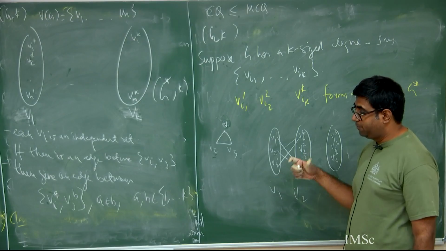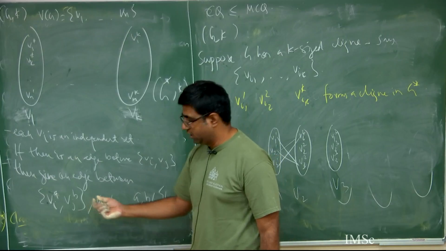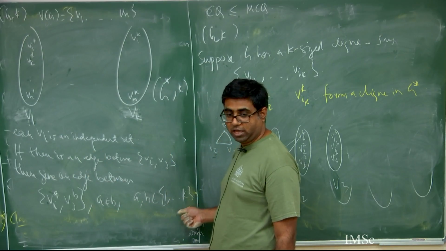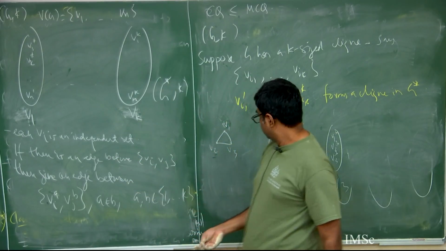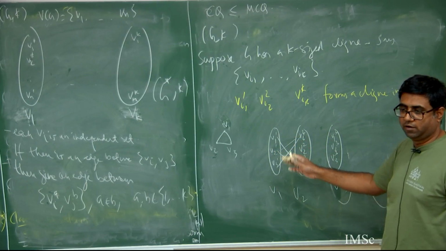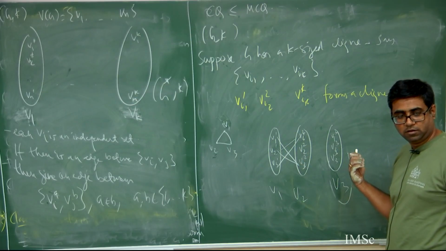So for every pair with A not equal to B, if the corresponding pair has an edge, where A comma B is from 1 to K, I never said that A is less than or equal to B. There could be anything. So this will correspond to a complete bipartite graph here. Similarly, between any two pairs, it will be a complete bipartite graph.